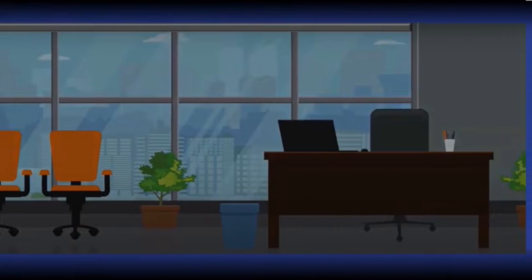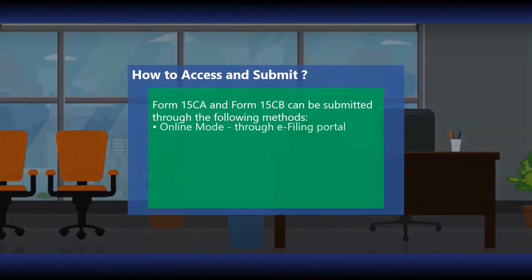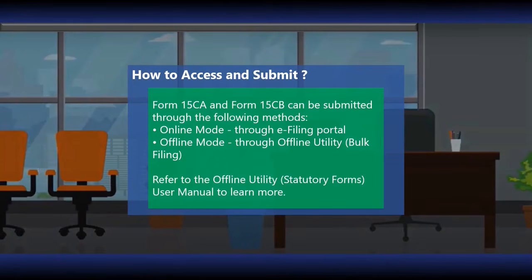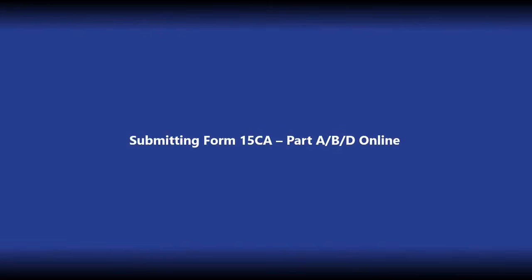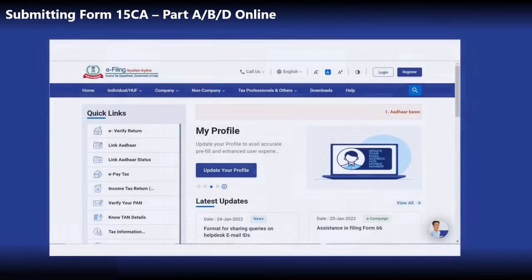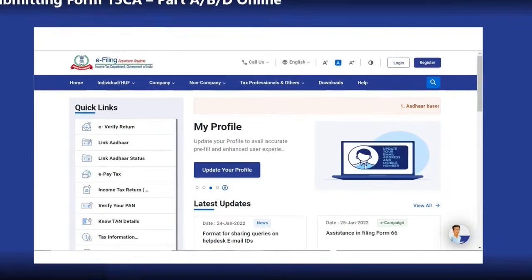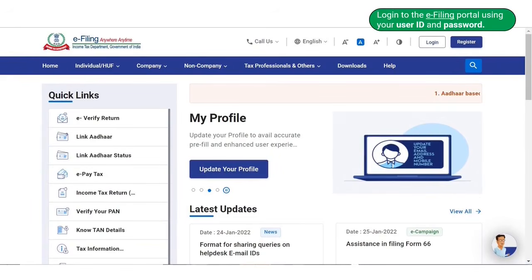Form 15CA and Form 15CB can be submitted through the online mode or through the offline mode. There is also a functionality for bulk filing of Form 15CA. Let us now look at how we submit Part A, B and D of Form 15CA through the online mode. In order to file the form through the online mode, the taxpayer is required to log into the e-filing portal using the user ID and password.